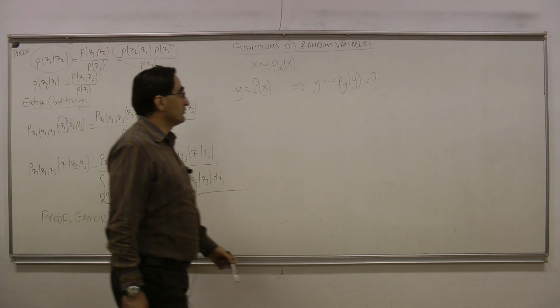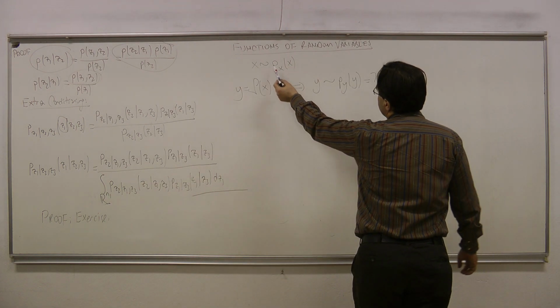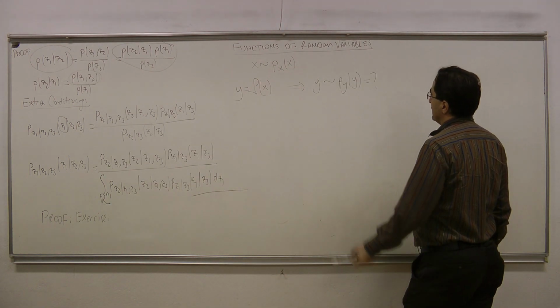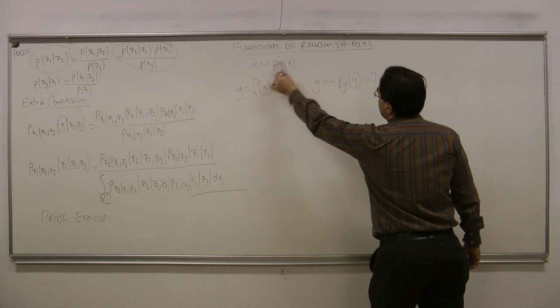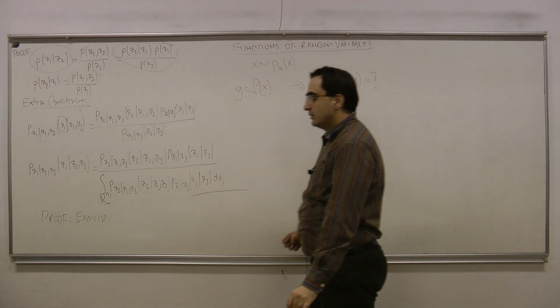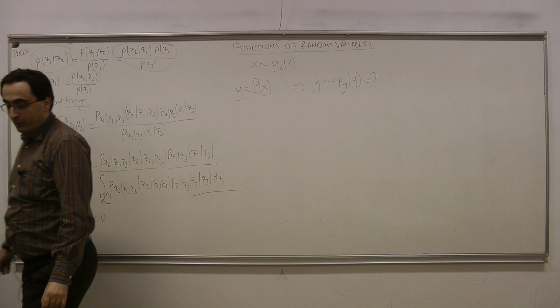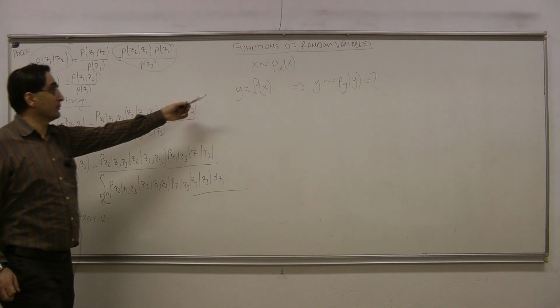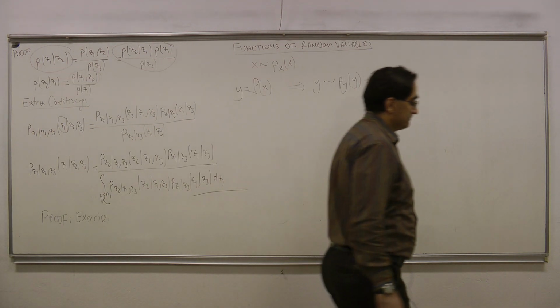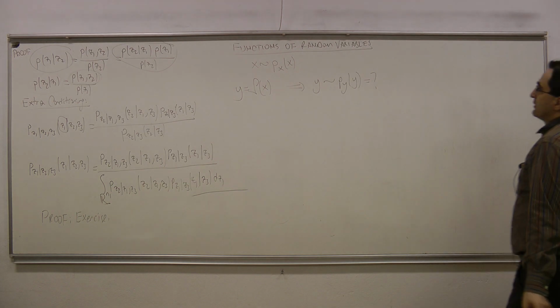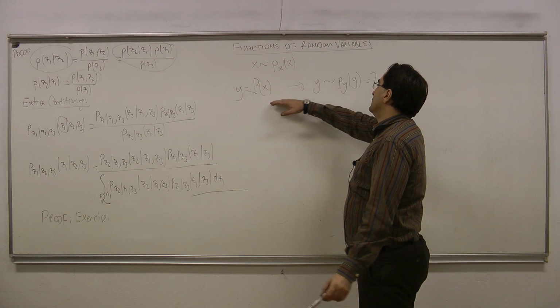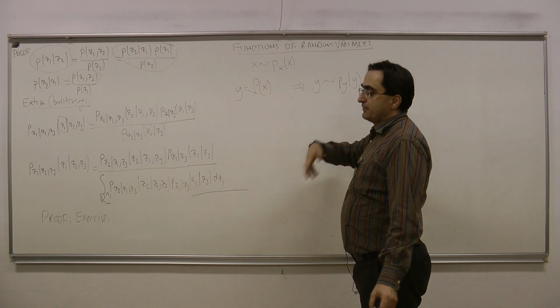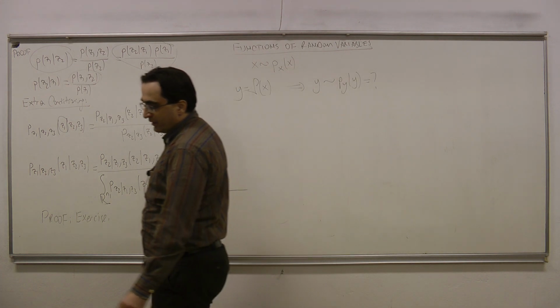Obviously here, this distribution is dependent on the distribution of x. So this distribution of y should come from the distribution of x, because of this relationship here. And how can you calculate the distribution of one random variable when it is a function of the other one?